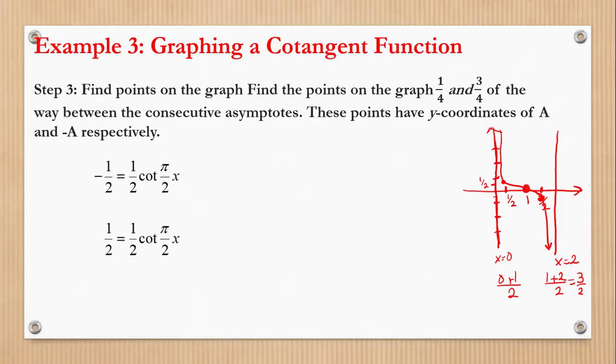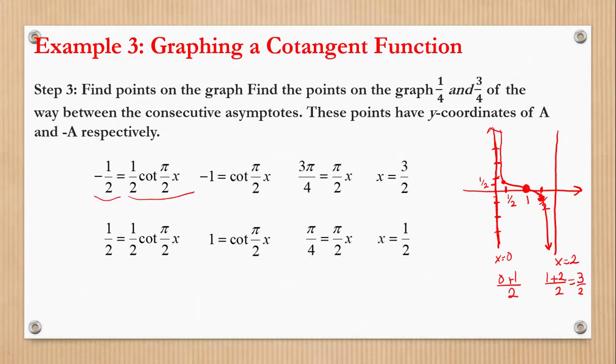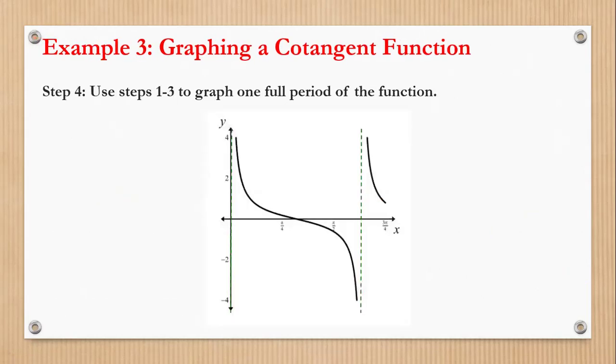You can also find those 2 points by setting the whole argument equal to negative 1/2 and positive 1/2, which are the a and negative a. Now we graph the function, and you can see the graph here. And this is an extra, for when we need to extend, but right now we don't need to extend the function. I don't think they asked us in the beginning.